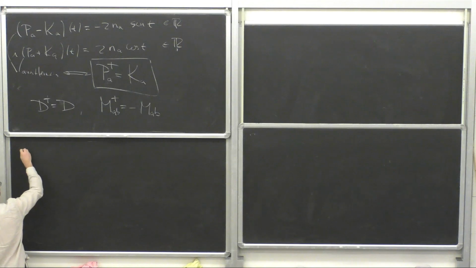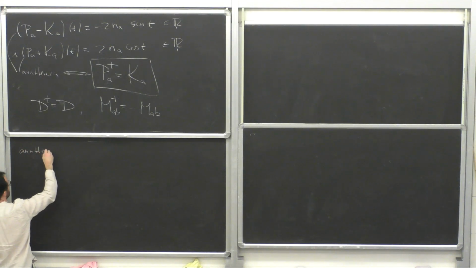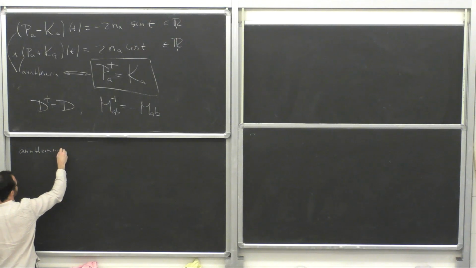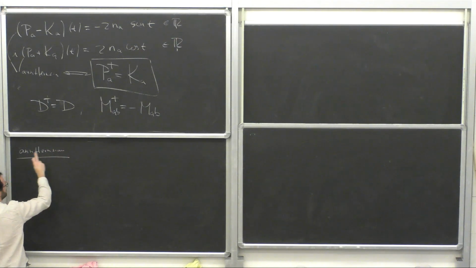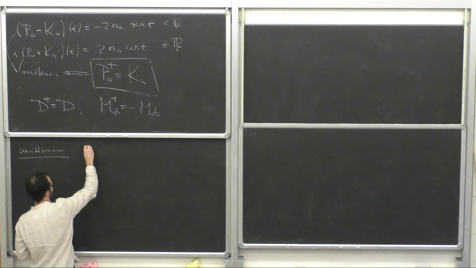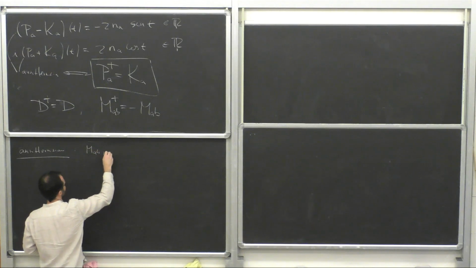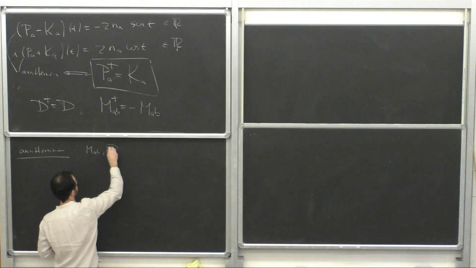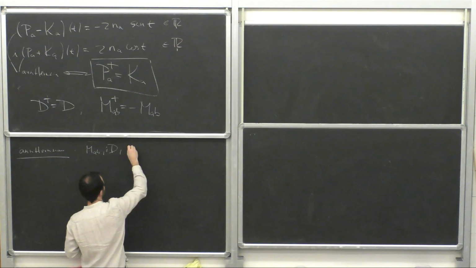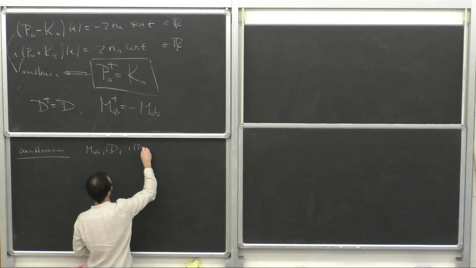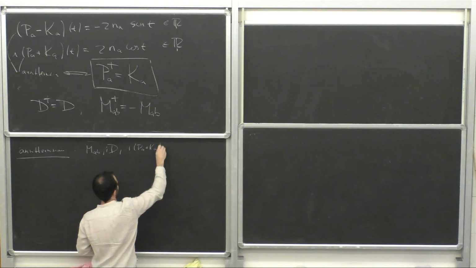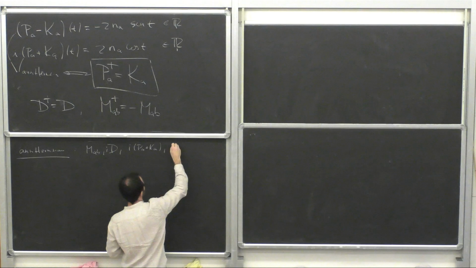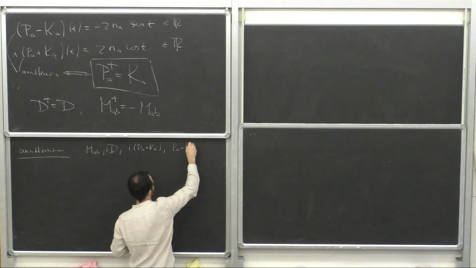Let me just list all the anti-Hermitian operators, for the sake of it. This is the Lie algebra of symmetries. They are M_AB, iD, P_A plus K_A, and finally P_A minus K_A.